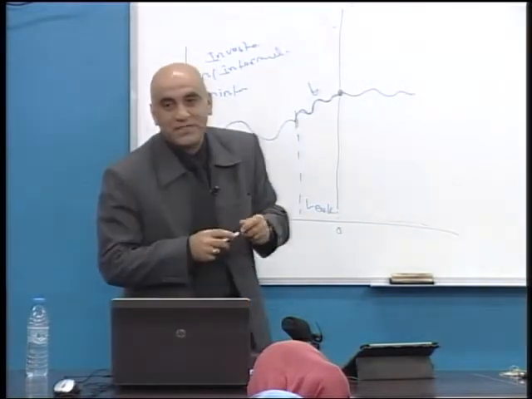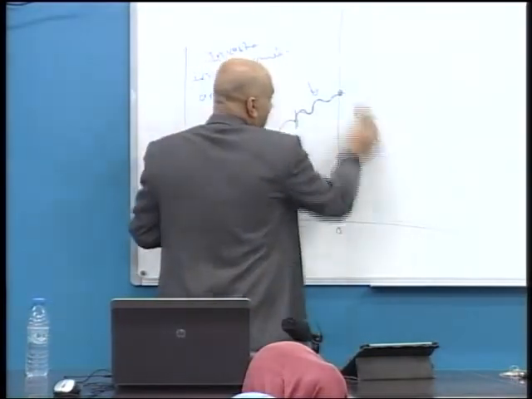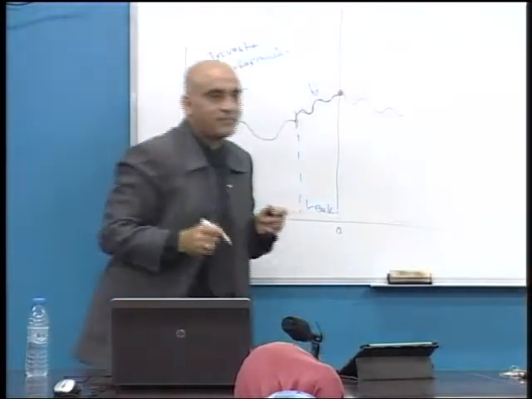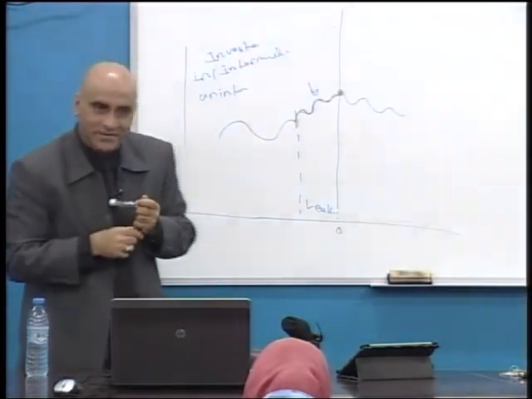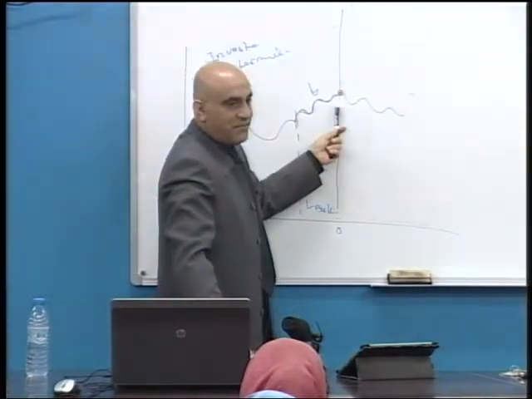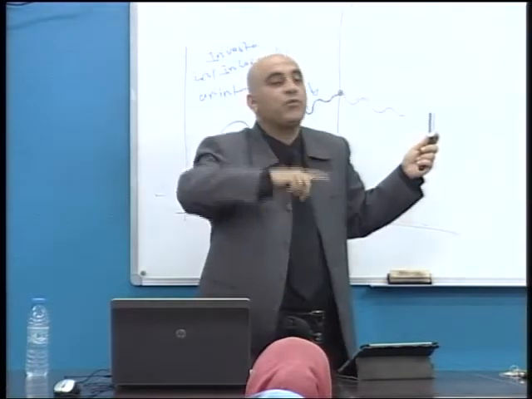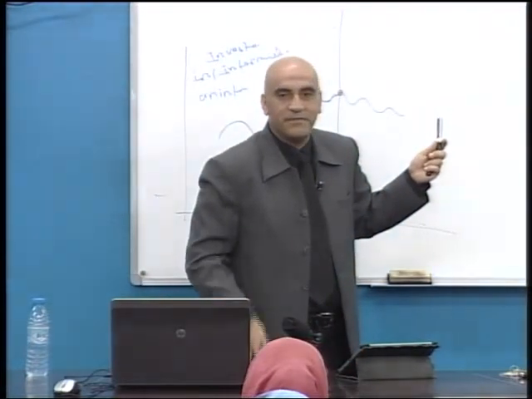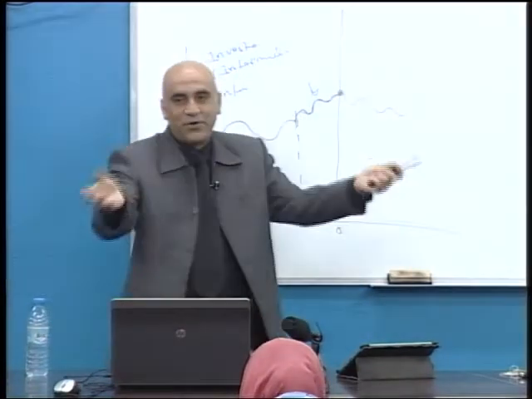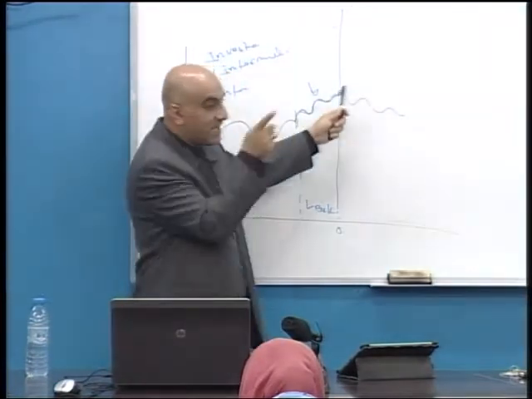And sometimes what happens in the market, the price goes like this. Why? Because the informed people, because they know, buy more than what they want. They buy. And when people like us, uninformed, want to buy, these people sell to them.